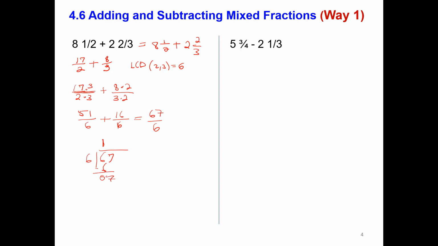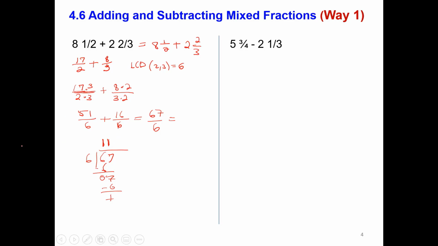Bring the 7 down, and 6 goes into 7 one time. 1 times 6 is 6. We subtract 6 and have 1 here.